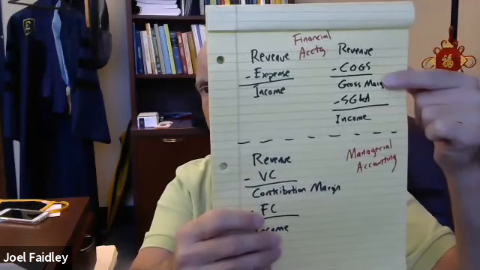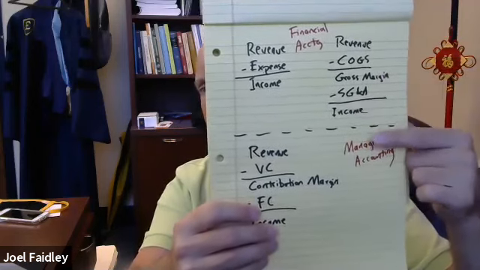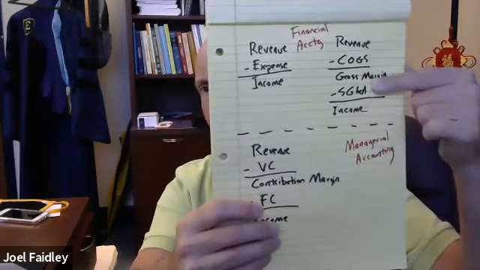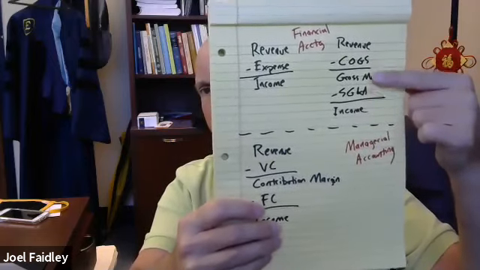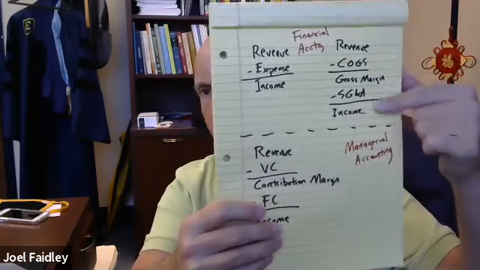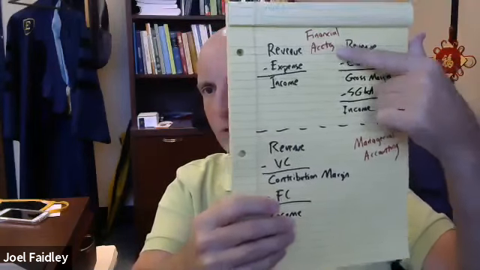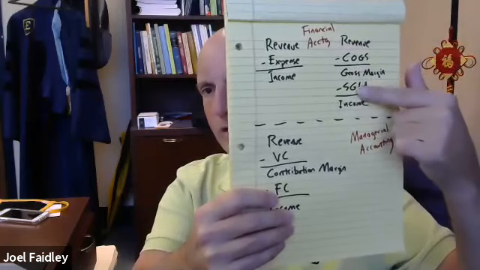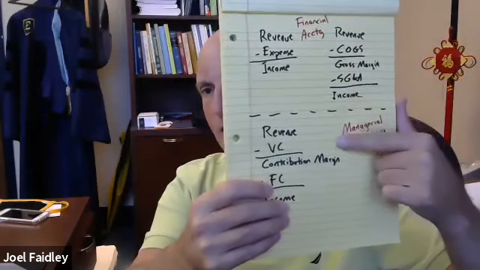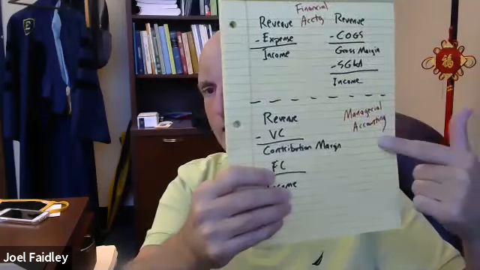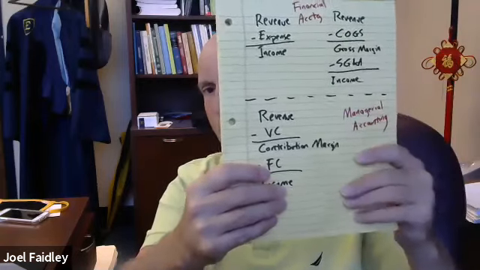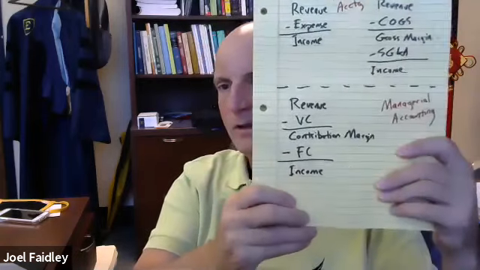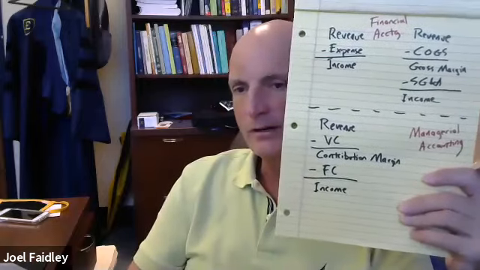Revenue minus expense, what's my gross margin? But now in chapter 10, because this is sort of a financial and a managerial grouped in one, but this is acceptable. This is what most companies that are doing external reporting are using if they're a manufacturer or a merchandiser. But when you get down below the dotted line, this is entirely managerial. Revenue minus variable cost is contribution margin, minus fixed cost is your income, right?